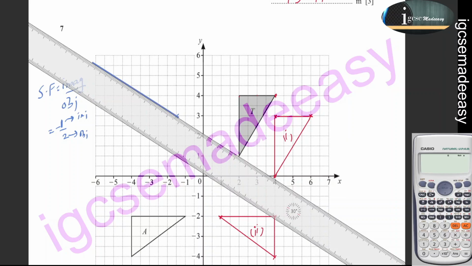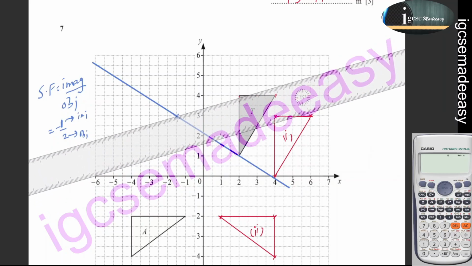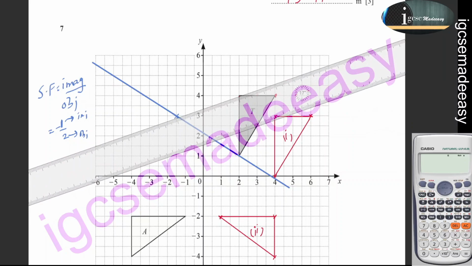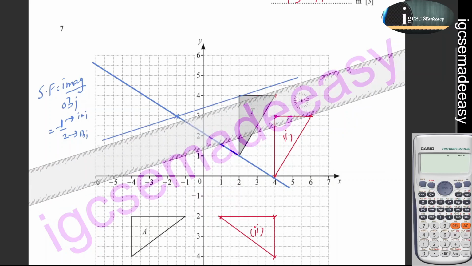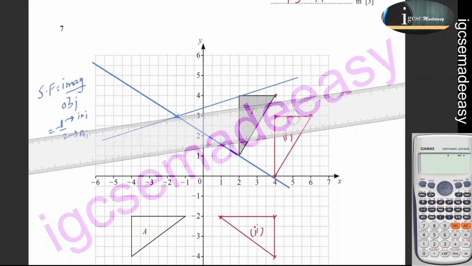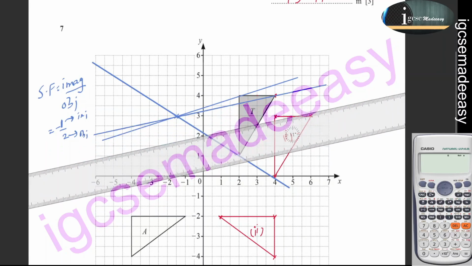One cuts like this, the other cuts like this, and the third point will be like this one. So first you have to draw all the 3 points joining from the center of enlargement.